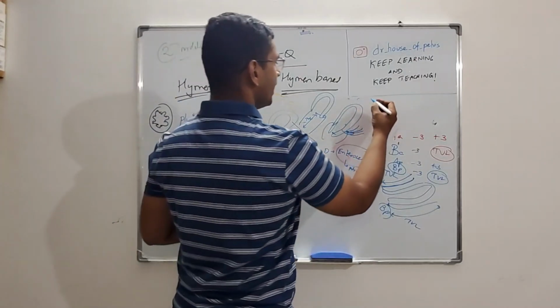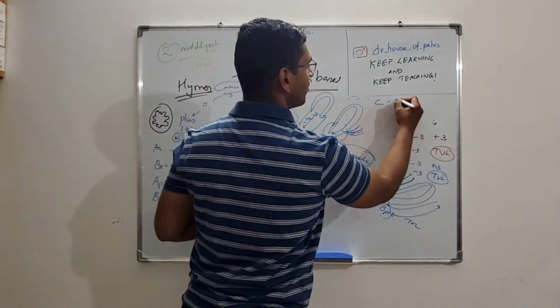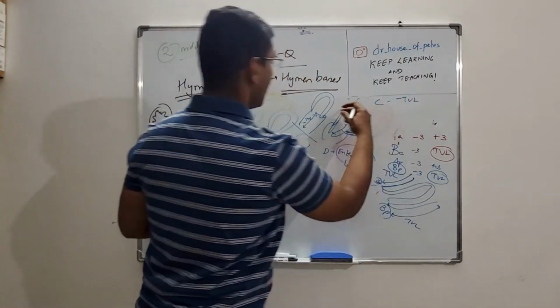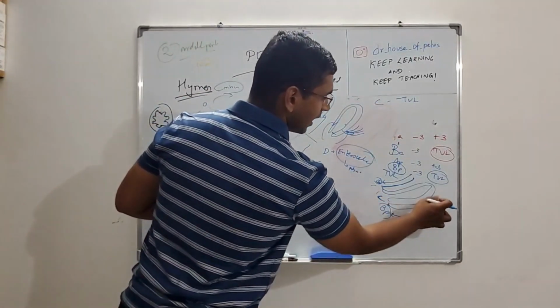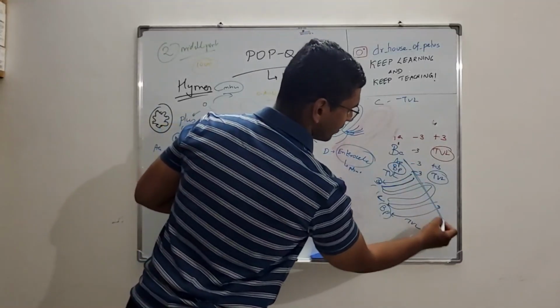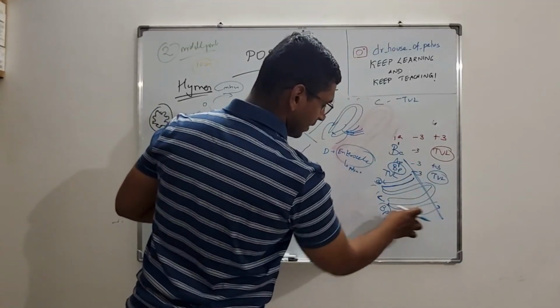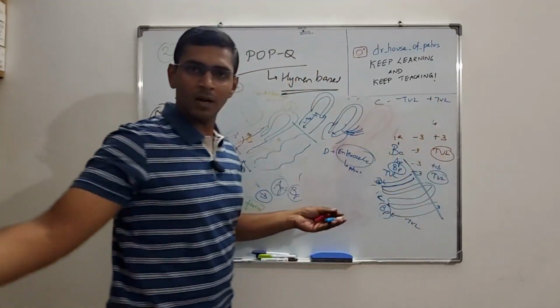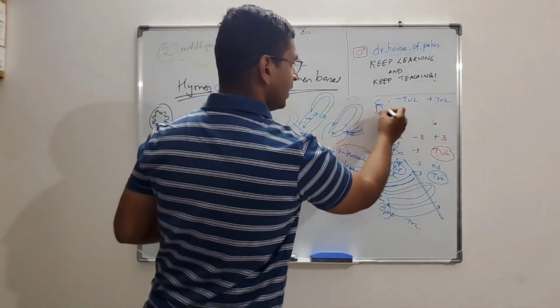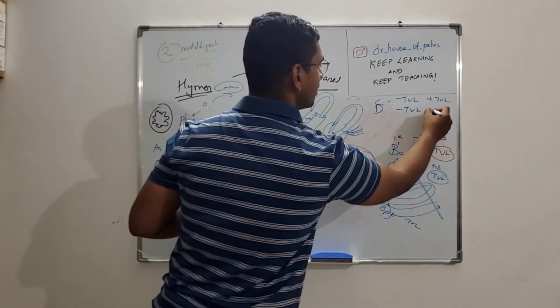So the point C will range from minus total vaginal length, and in complete prolapse, as in this case, the point C has completely come out, and this is the plane of the hymenal ring. So the maximum length C can come down is plus TVL. No doubts with it. And similarly point D can go from minus TVL to plus TVL.